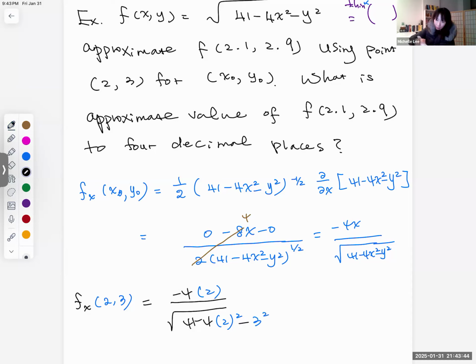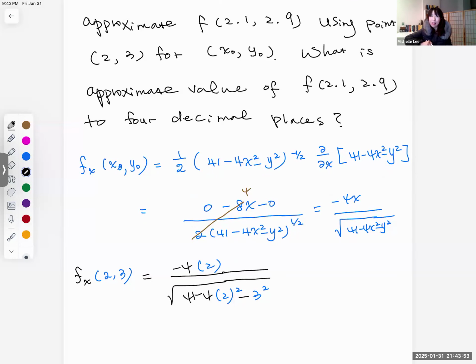Can you please calculate? Oh, cannot see, sorry. Negative 2, very good.